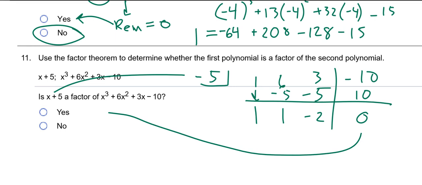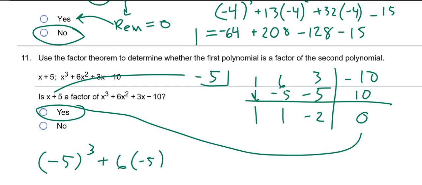Well, we got a remainder of 0, so the answer is yes. Same thing would happen if I took -5 and I raised it to the third, plus 6 times -5 squared, plus 3 times -5 minus 10. I would end up with 0 because those two things have to match.